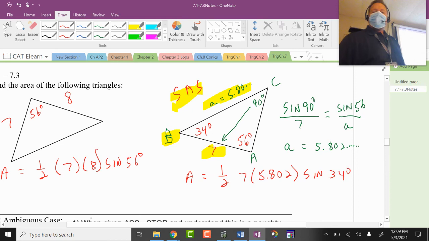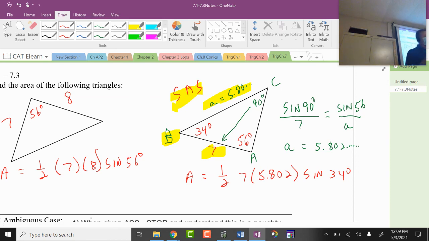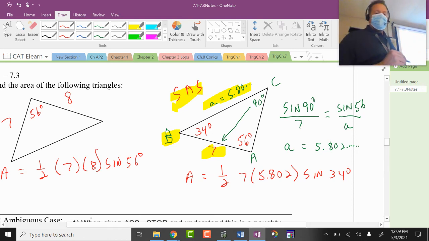Remember what was given, which was the red. When the red's given, you don't have all the information needed to just stick it in the area formula, so you have to make that happen. Once I made a management decision on finding A, locate the angle that represents side angle side, which is angle B. Then this will be correct. Good to go.